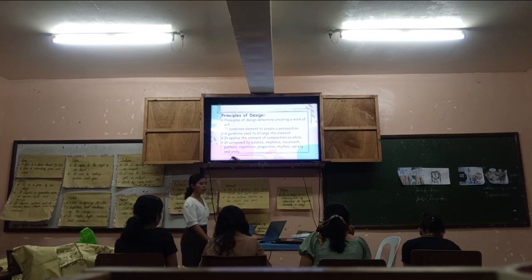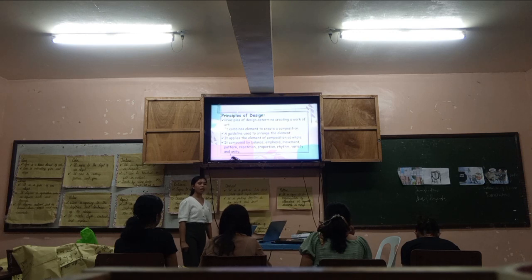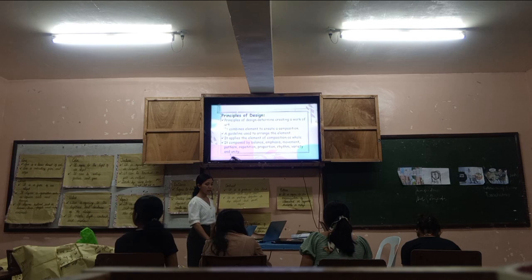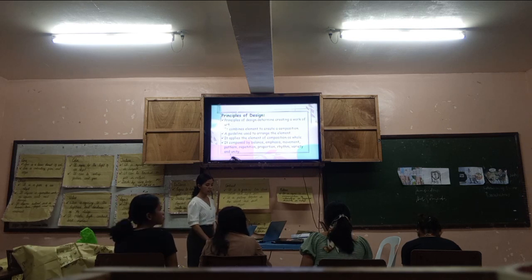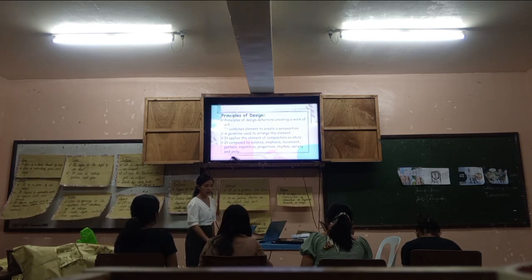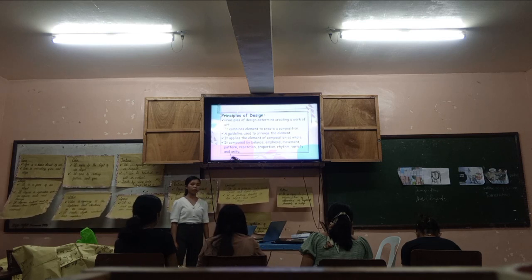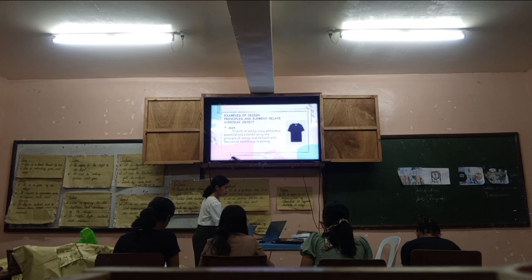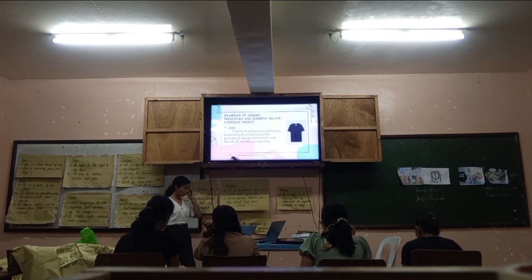Now, class, you already knew the differences of elements and principles of design. Now, let us learn about examples of design principles and elements that relate to everyday objects with the use of graphic design. Okay, please read the first example. T-shirt.